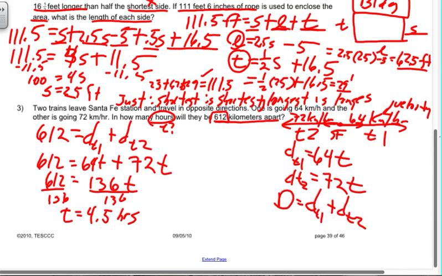All right. So how are we going to justify this? Well, first off, this seems like a reasonable time, okay? We're obviously not negative. You would sort of wonder if it was going to take them several days. So 4.5 hours is reasonable.